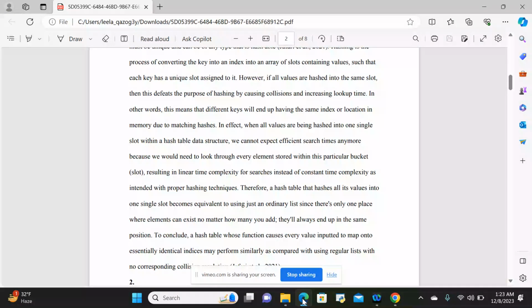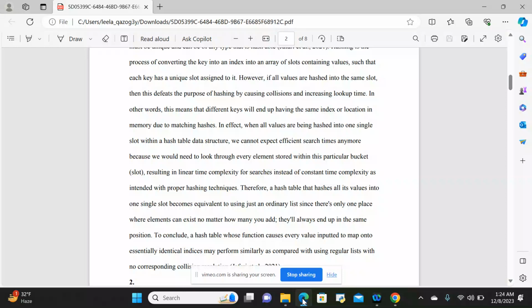We can't achieve efficient search time anymore because we would need to look through every element stored within the particular bucket, resulting in linear time complexity for searching instead of constant time complexity as achieved with proper hashing techniques.